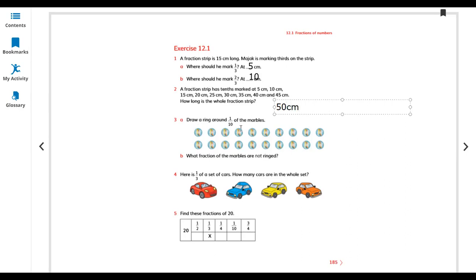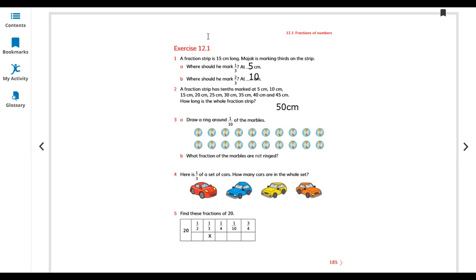Draw a ring around 1 by 10 of the marbles. So you can see here 1, 2, 3, 4, 5, 6, 7, 8, 9, 10. Yeah, 20. So draw a ring around 1 by 10 of any.